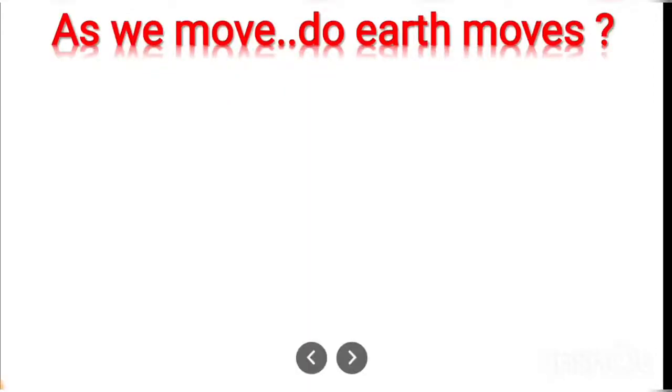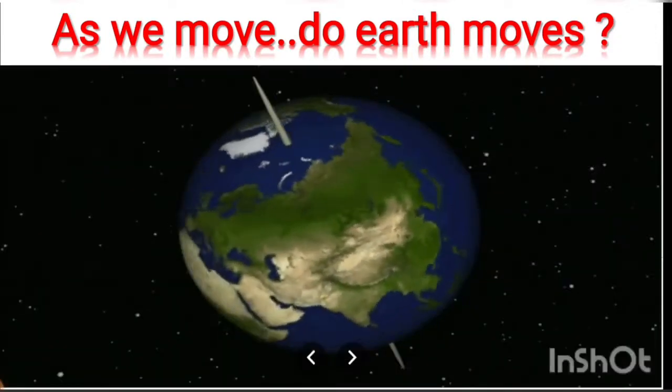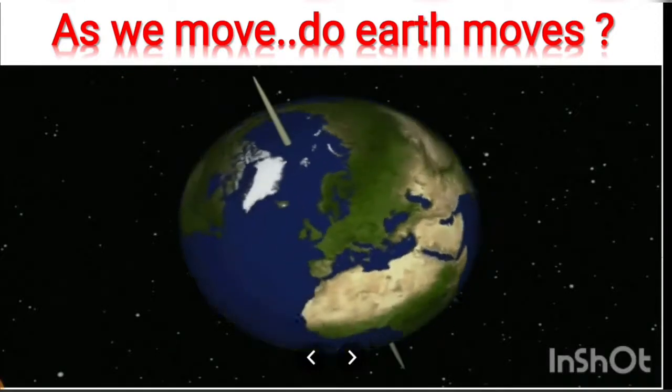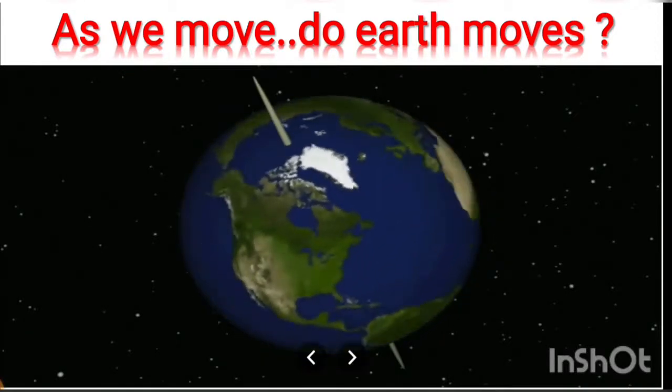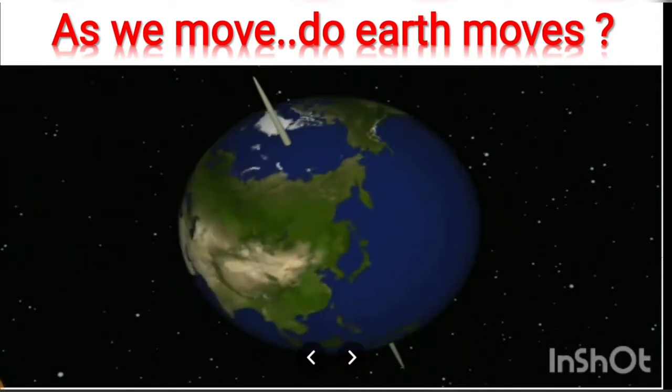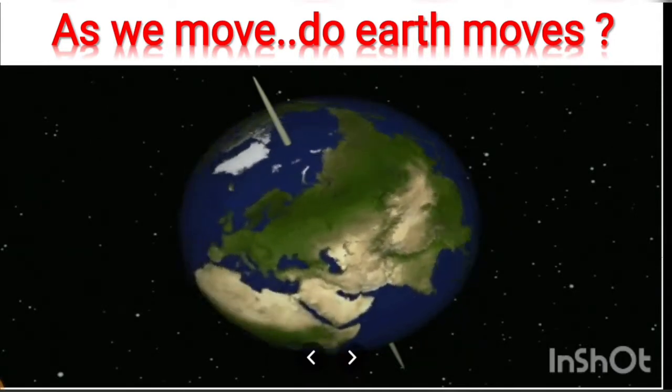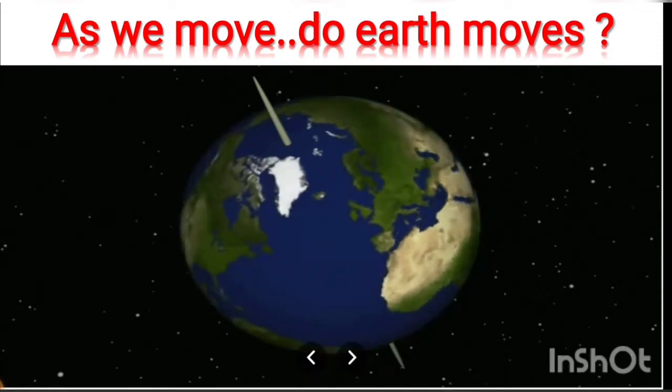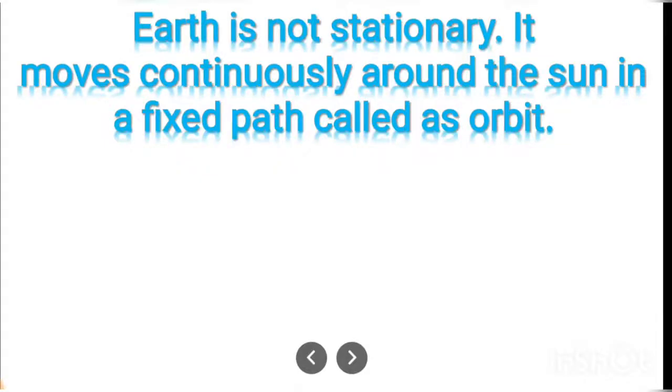As we all move from one place to another, so does the earth also move? Yes, the earth also moves. The earth moves on its axis, that is an imaginary line. As we move from one place to another, our earth is also moving each and every minute. Earth is not stationary, that means it is not fixed.